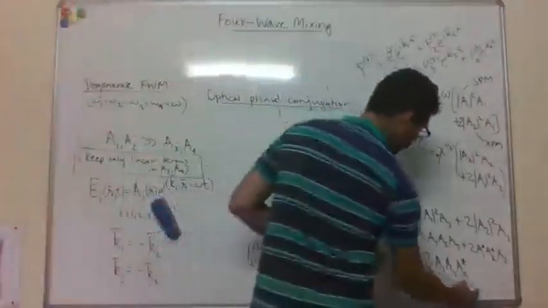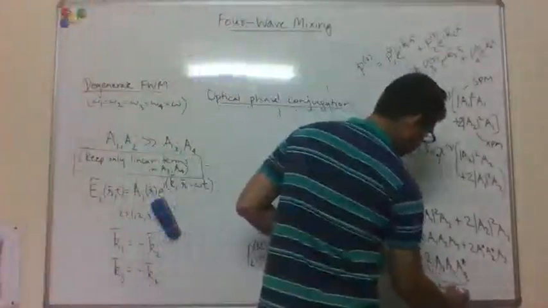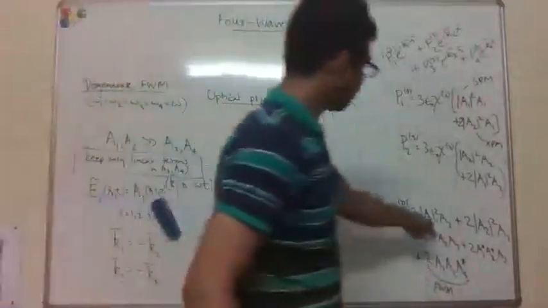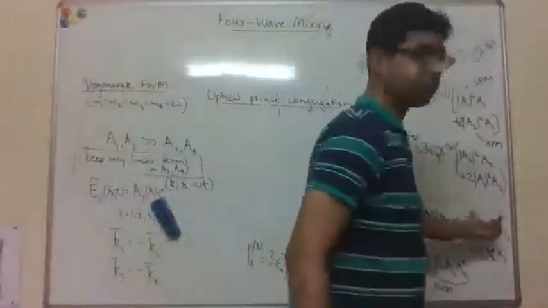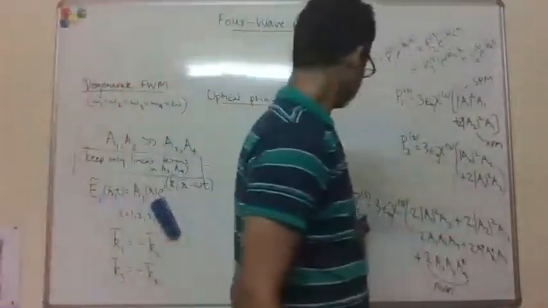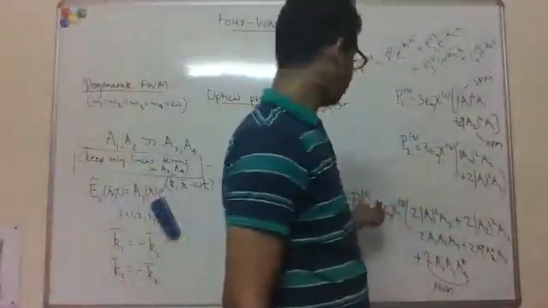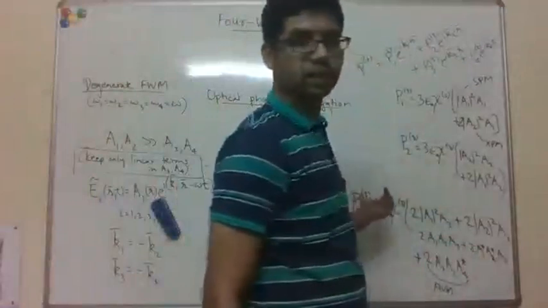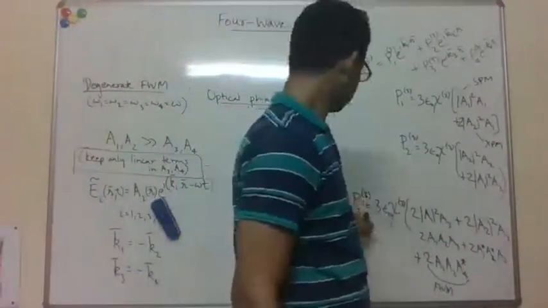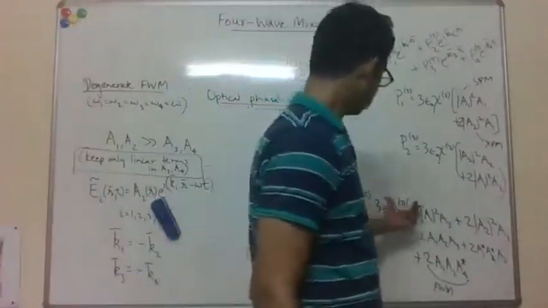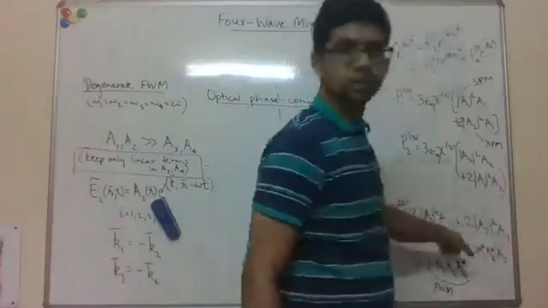So this term is actually the four-way mixing term, because all the other terms have A3, so they're like phase shifts, right? Remember how we got the nonlinear refractive index and the self phase and cross phase shift? We got P equal to something times the field.